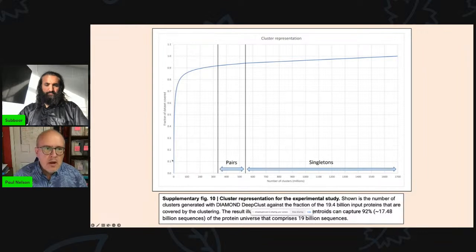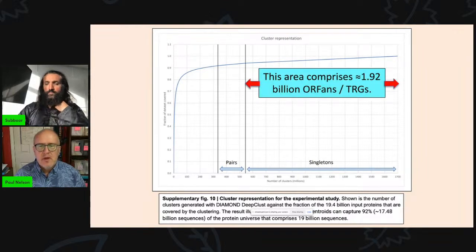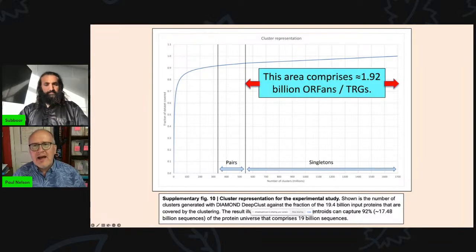Now, this is the fraction of the data set covered. So how much have they been able to cluster? Well, it comes out to about 92% right at this point. So most of the data set fits under that portion of the curve. Over here, we have the orphans. So you go from 92% to 100% of the data set.